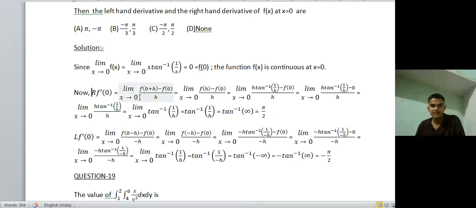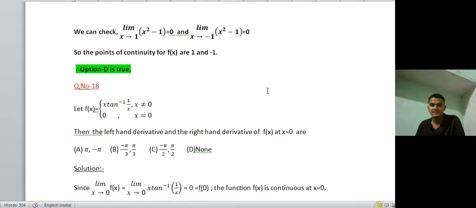Here it is 0 plus h for the right hand derivative, but for the left hand it is minus h. So by applying the formula, the right hand derivative is limit h tends to 0 of f of 0 plus h minus f of 0, divided by h, that is f of h minus f of 0 divided by h.